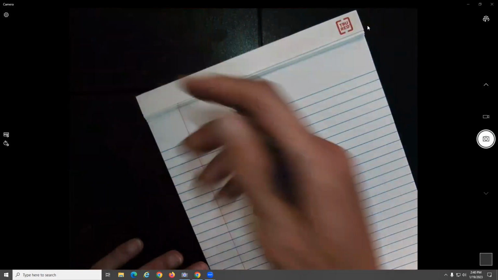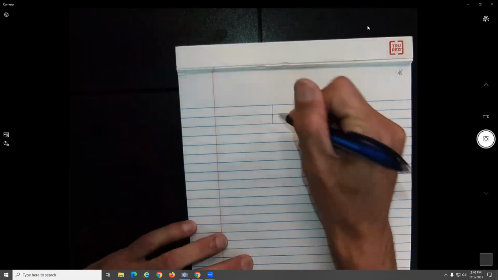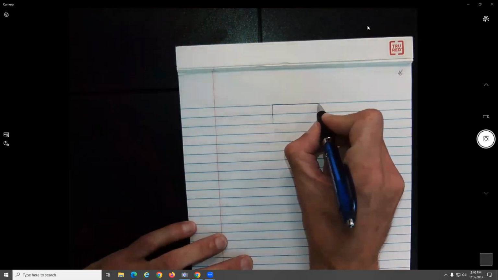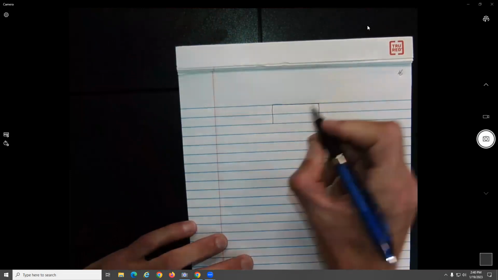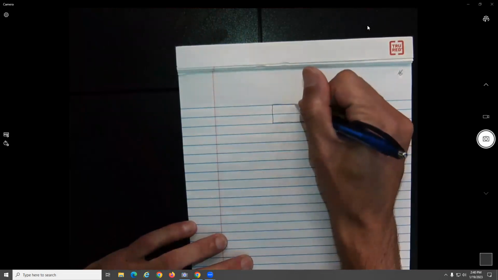All right, so here we go. If I do another sketch here, I do a lot of figures because I believe that figures are worth pages of words.